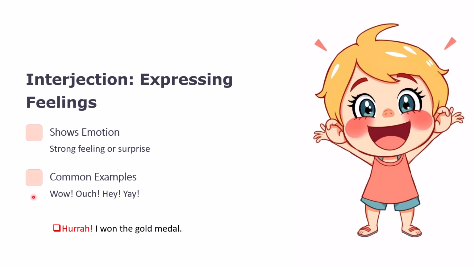By this word, hooray, we can show our emotions or feelings. We can express our feelings by using an interjection. In this way, to express our feeling, we can use interjections in a sentence.